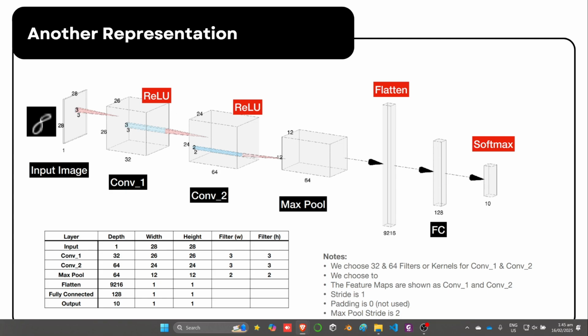Then that's connected to the final 10 outputs. You can see in this table the depth, the width, the height, and the filter size of each layer. So in case you want to go through it in detail and understand, feel free to pause this slide and inspect each one to make sure it makes sense to you.